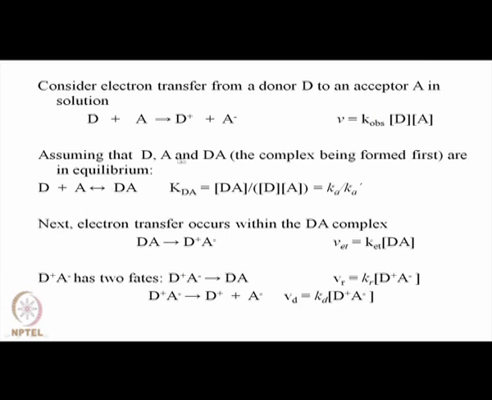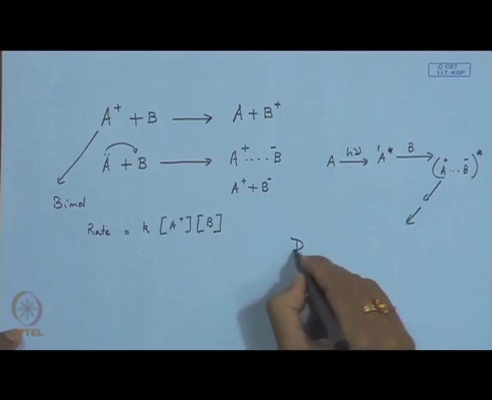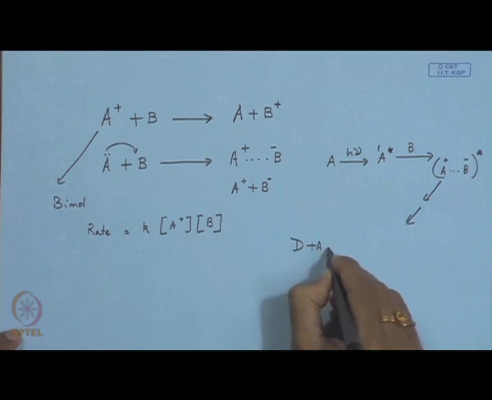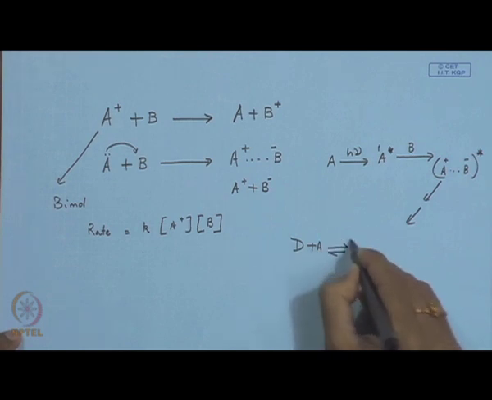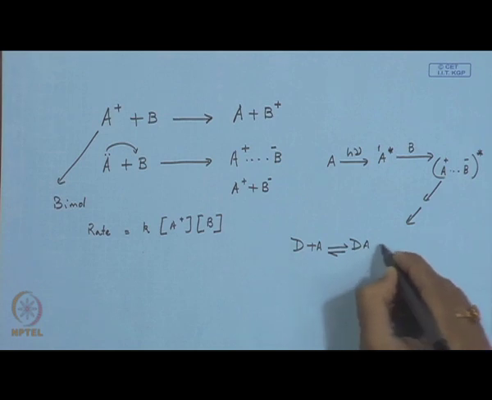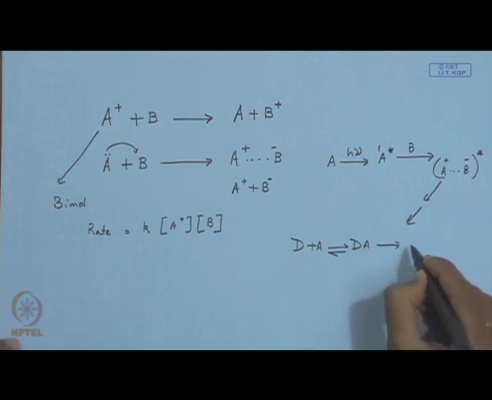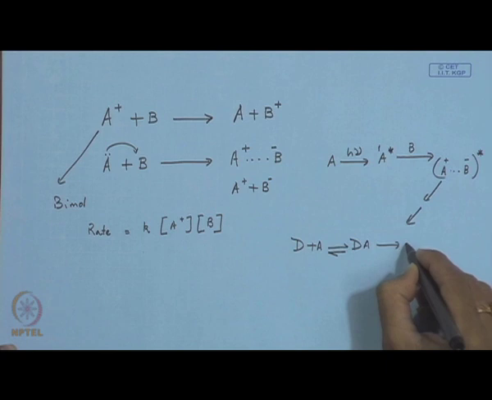and also if we assume that it proceeds via formation of a DA complex, that is a donor acceptor complex, followed by electron transfer, that is, an equilibrium is established between D plus A and DA, and then electron transfer takes place to give rise to D plus A minus.